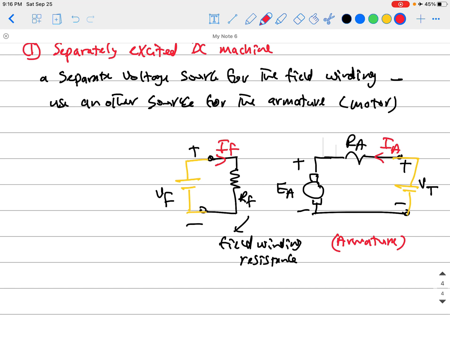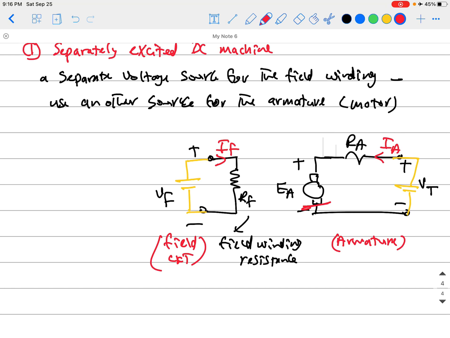Remember guys, when you are modeling the field circuit here, it is just a voltage source applied to a resistor. It's nothing more. It doesn't have an induced voltage inside because the field winding is not rotating. If you remember, the induced voltage equals K phi times omega, times the speed.